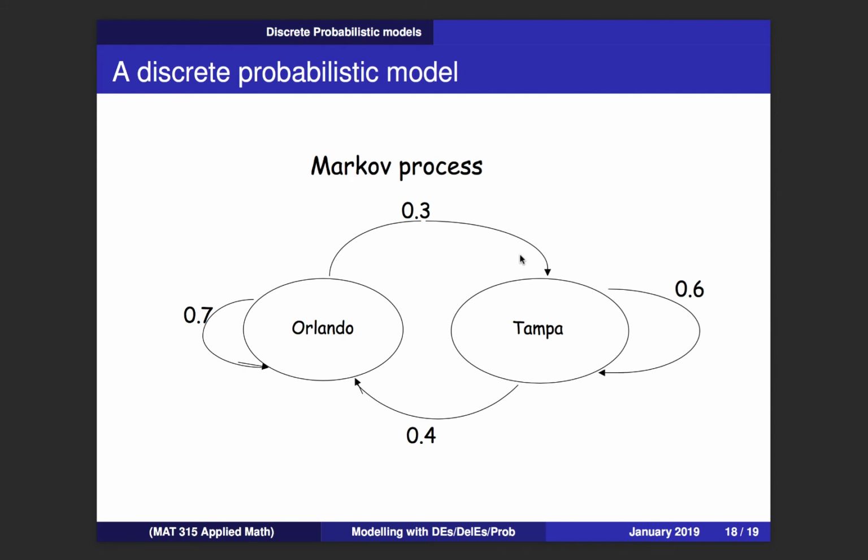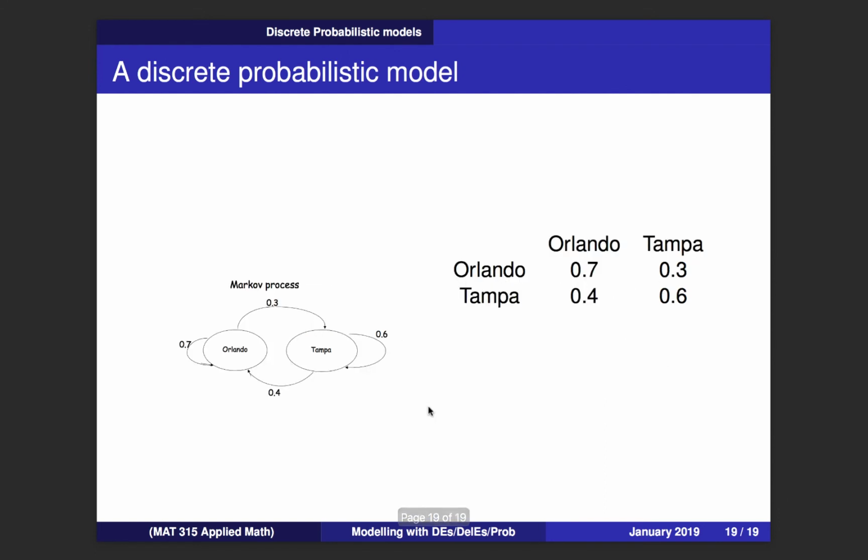Here's another systems model that would arise here. Imagine that in two regions, say Orlando and Tampa, every year 70% of the people stay in Orlando, but 30% move to Tampa. And then in Tampa, you've got these values of the proportions that stay and the proportion that goes. You wind up with a discrete model, which is actually a system.